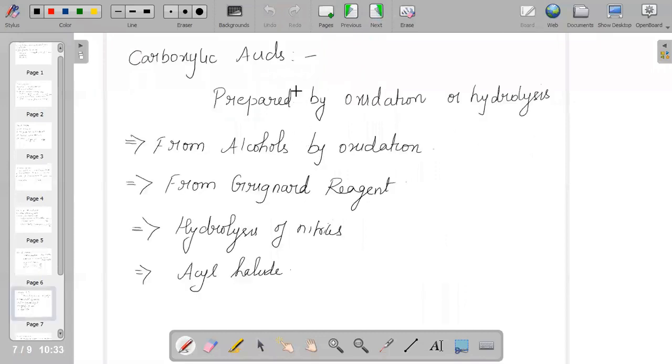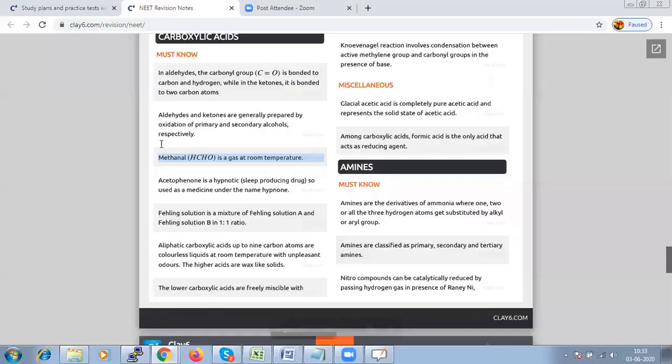Next, let us come back to carboxylic acid, the second part of the chapter. Aliphatic carboxylic acids up to 9 carbon atoms are colorless liquids at room temperature with unpleasant odor, and the higher acids are wax-like solids.